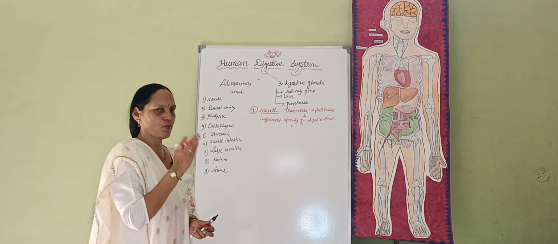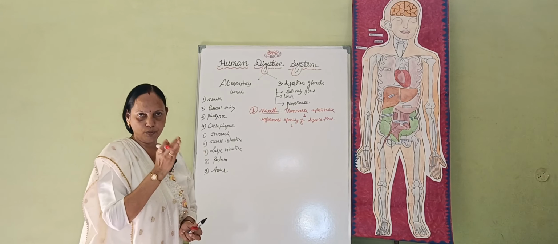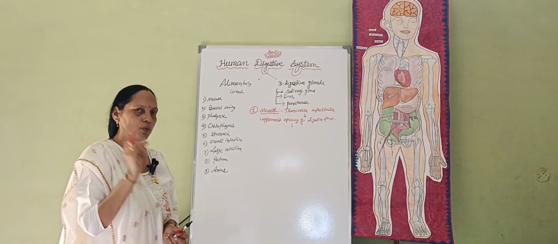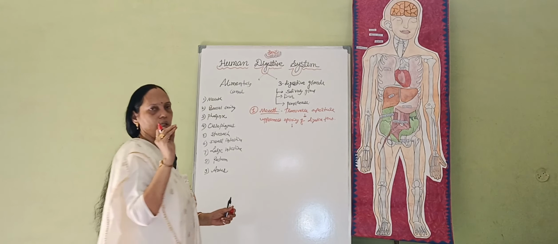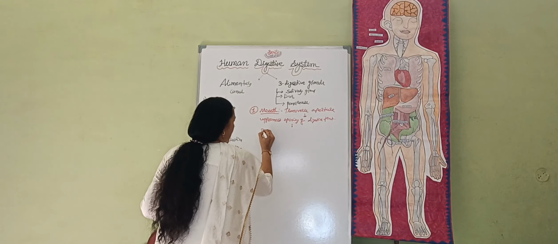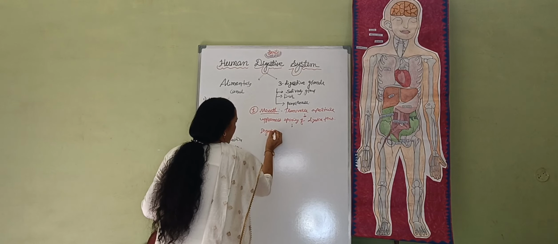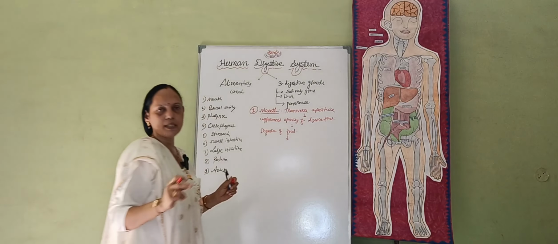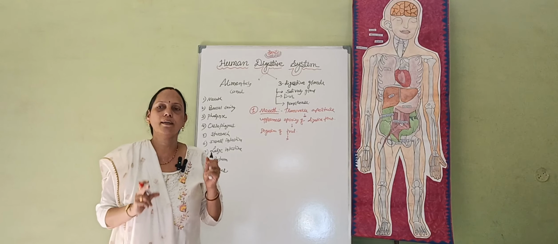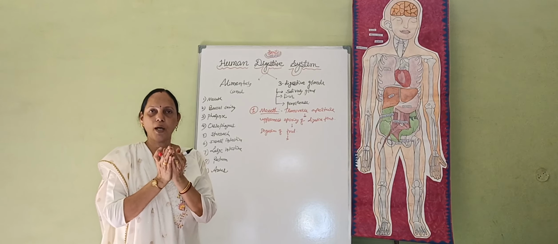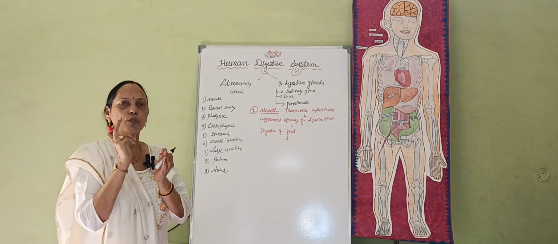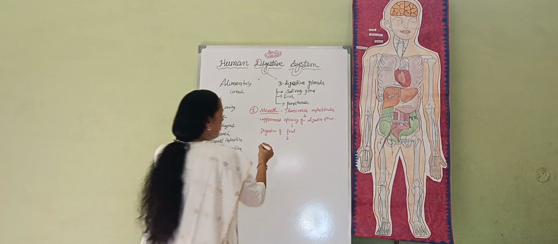We know that there are 5 steps in food processing, in nutrition. This particular mouth gives the passage for the ingestion of food. The mouth is the transverse aperture, which is bounded by 2 soft movable lips.